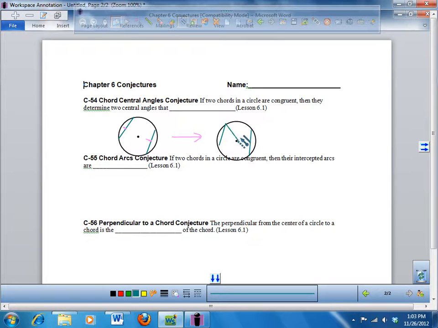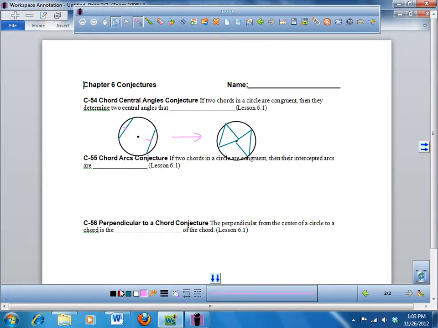It turns out that these two angles in red are also congruent.